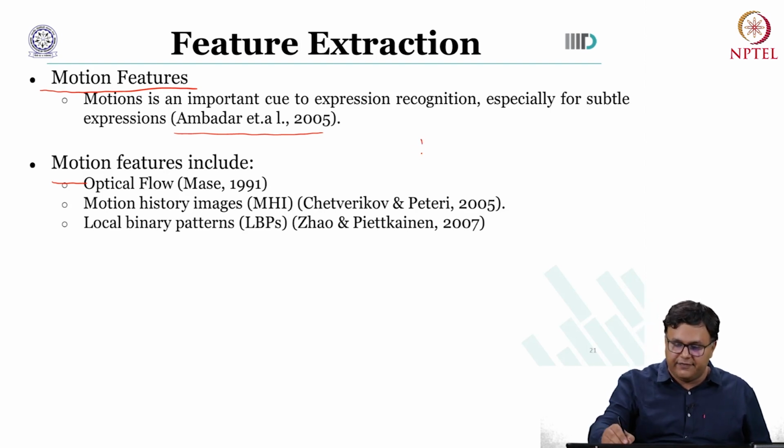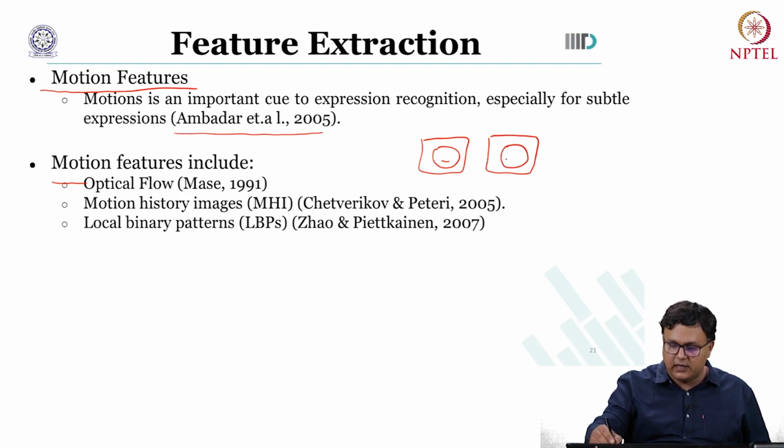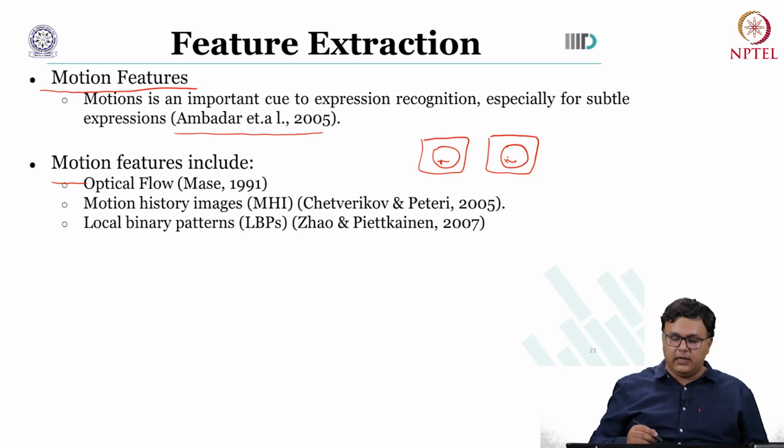In context of your faces, that will mean you had smile starting in second frame, you had the same face, and let's say smile increasing a bit. Now this pixel at the corner, that has moved a bit in the next frame, right? So what is that flow, which is the velocity and the direction in which a pixel has moved?